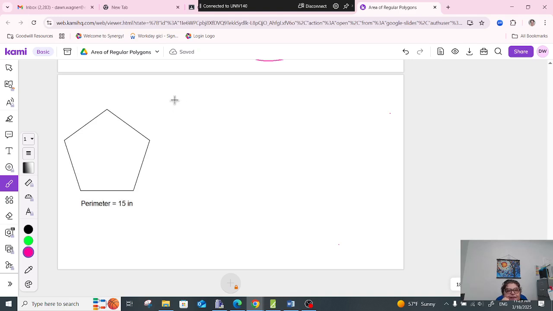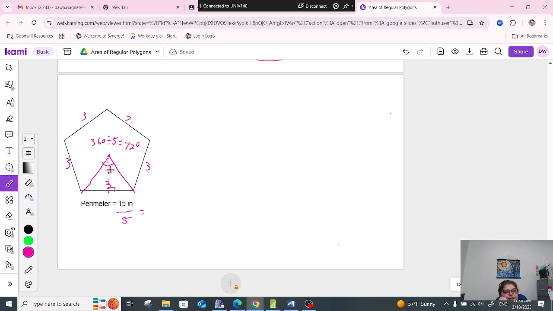Okay, so for this one, if perimeter is 15 inches, we divide by 5, and we would know that each of these are 3. Right? Okay, now, if I'm thinking about my big triangle and drawing an apothem, this whole angle is 360 divided by 5, which is equal to 72 degrees.